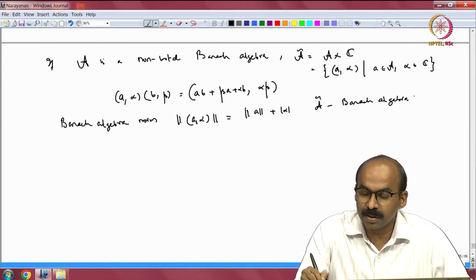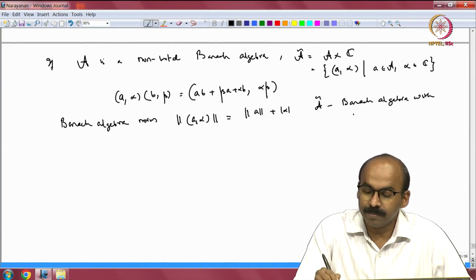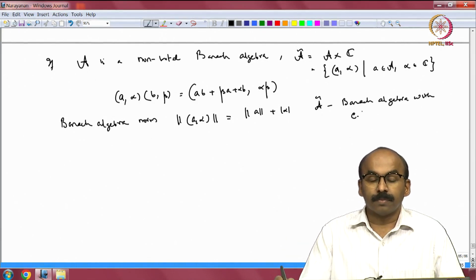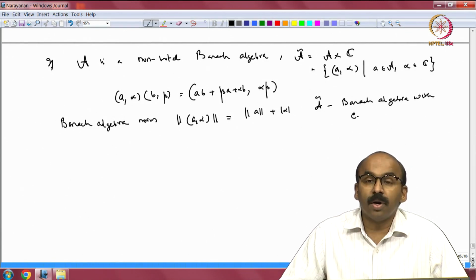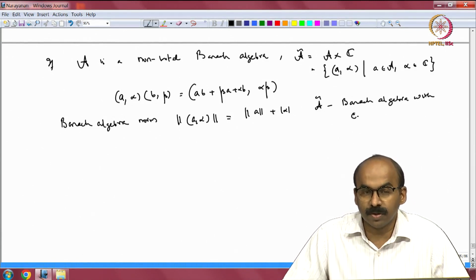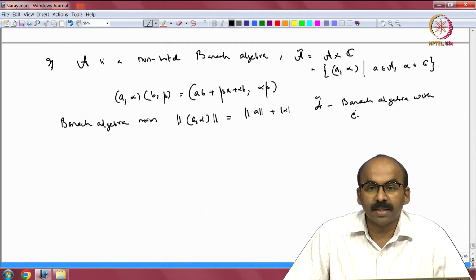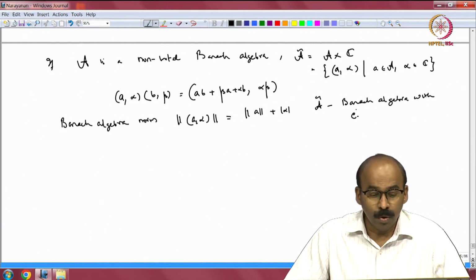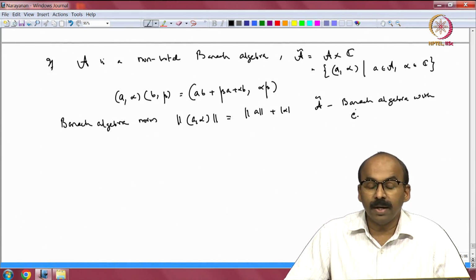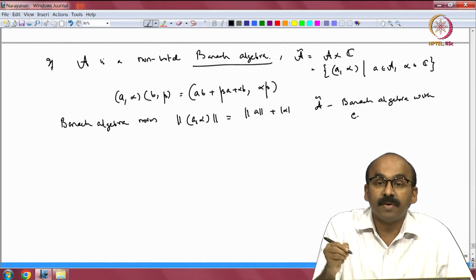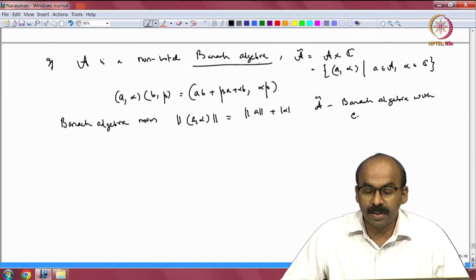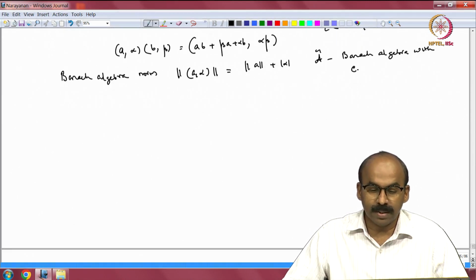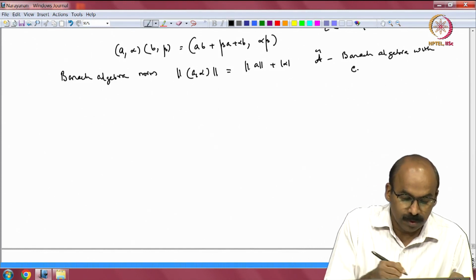But this does not give us a C-star algebra norm. So, we saw that for C naught of X, where X is locally compact Hausdorff, we will see how to make a non-unital C-star algebra instead of a Banach algebra, and then embed this into a unital C-star algebra. So, that is the proposition.